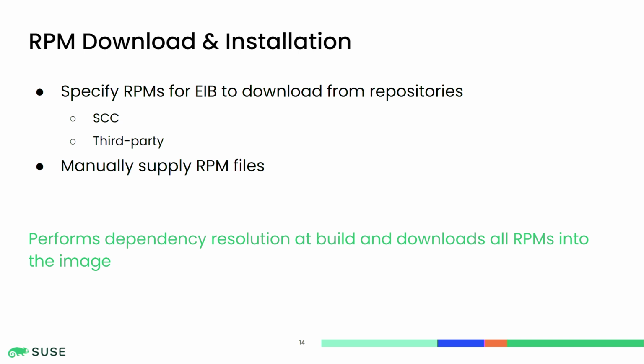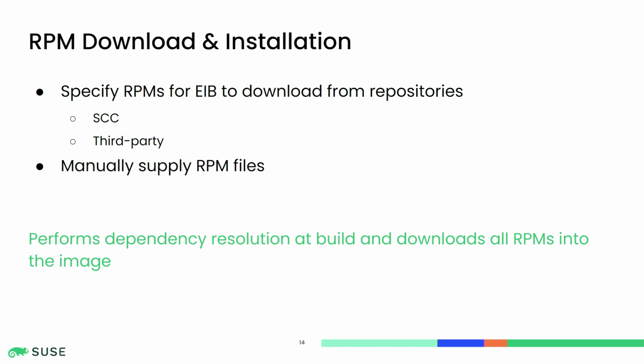However, the package dependency resolution feature of EIB will make sure that if the dependency of any RPM which is listed is not installed, then we'll be failing on the image building process, ensuring that every time we build an image, it is able to just be provisioned without any failures whatsoever.